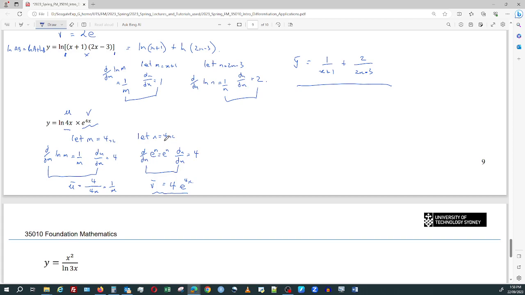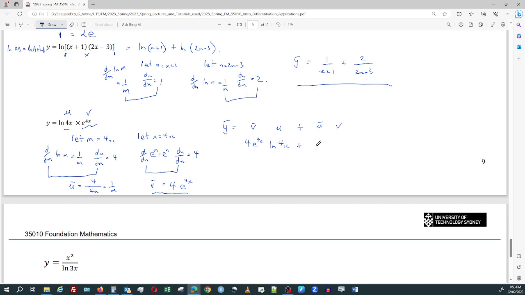So y dash is a product in u and v. So we're going to have v dash times u, for e to the 4x times the ln of 4x, plus u dash v.